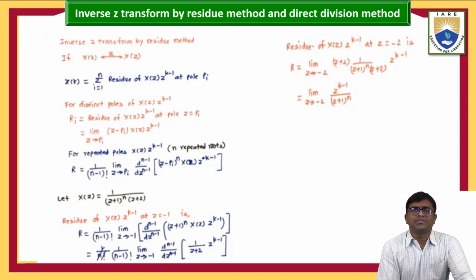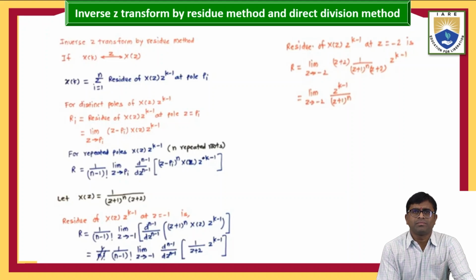So in residue form, x of k equals the sum from i equals 1 to n of the residue of x of z into z power of k minus 1 at pole p i. That is, in any system you have poles in the denominator part, and at each pole you take the residue.